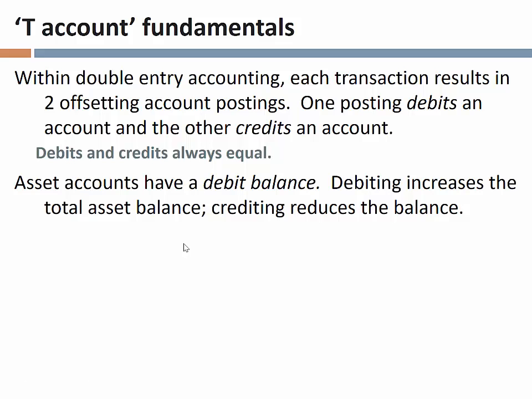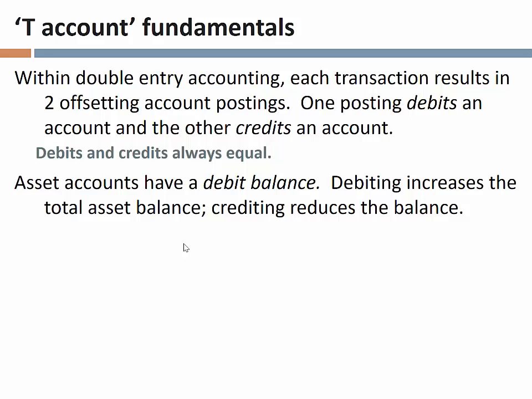So we said that there's this idea of debits and credits that go along with the postings we do. Different kinds of accounts have a different, if you will, native balance. An asset account has a debit balance, which means that if we debit an asset account, we're increasing the value of the asset. If I credit an asset account, the value of that asset has gone down.